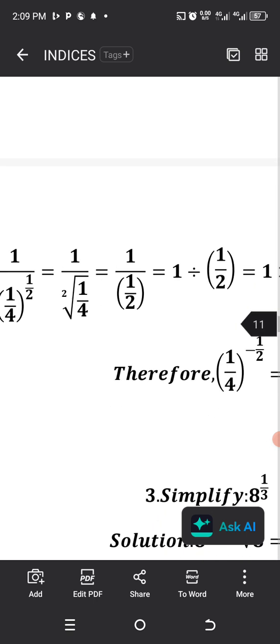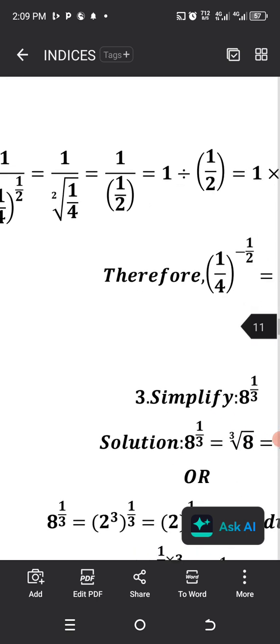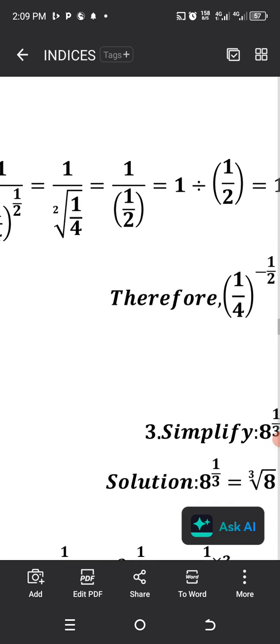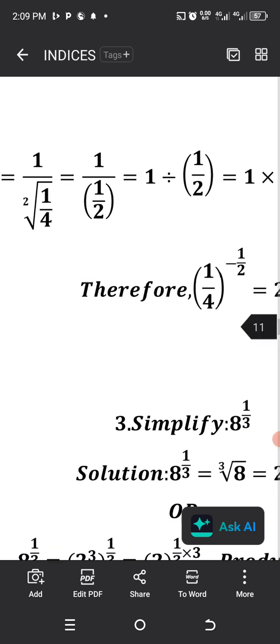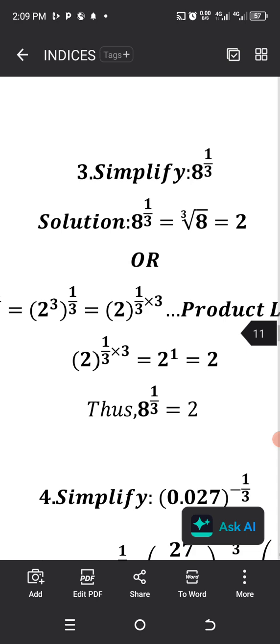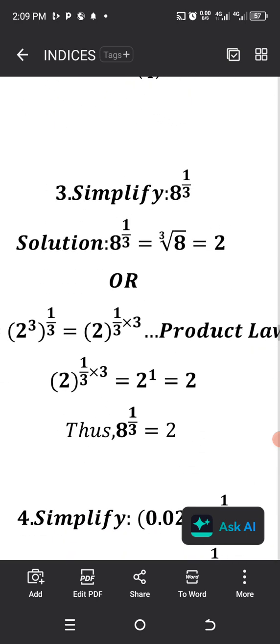The next line: recall 1 over 2 means square root. So you change it to 1 over the square root of 1 over 4, and the square root of 1 over 4 is 1 over 2. So that is 1 all over 1 over 2, which equals 1 divided by 1 over 2, and eventually the answer will be 2. That is the simplification, and that is the right approach.